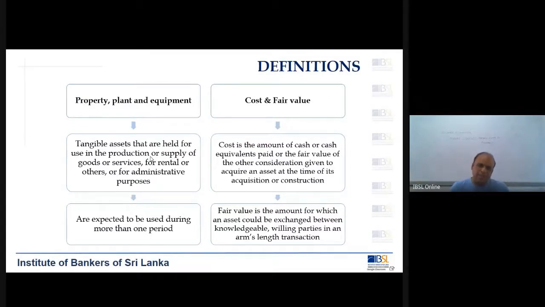Cost is the amount that you have spent to acquire or construct. But fair value is the amount which is generally acceptable to parties who want to do an arm's length transaction. These definitions are very important because as we go on, we will be repeatedly talking about cost, fair value, and so on.